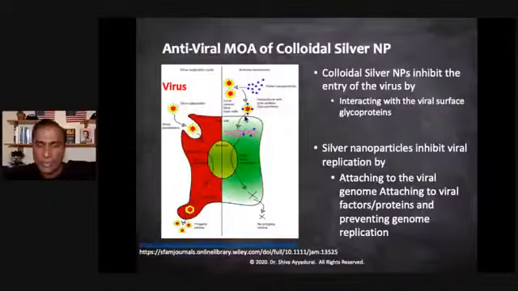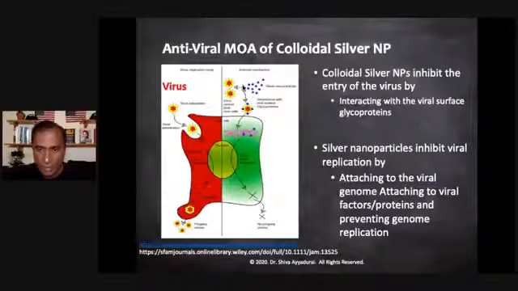It inhibits the entry of the virus. Remember, we have this four-part process: enter, replicate, reassemble, and transport. So the research shows the mechanism of action is, and I'll get into the details, one thing is colloidal silver stops the entry of the virus into the cell, okay? And then it also inhibits viral replication by attaching to the virus genome and essentially stopping it from replicating.